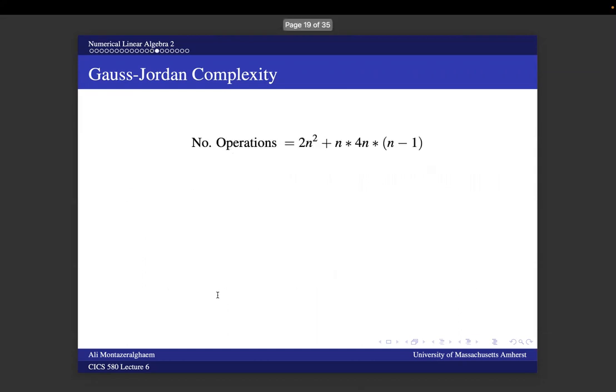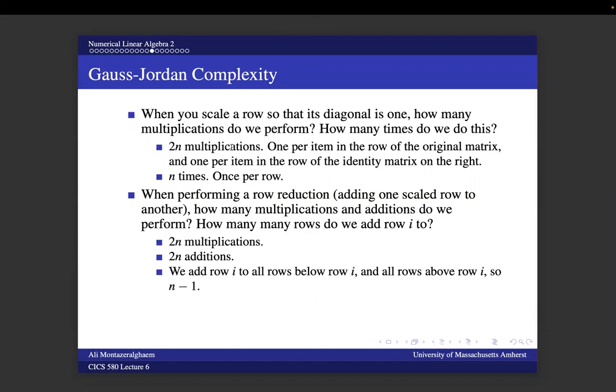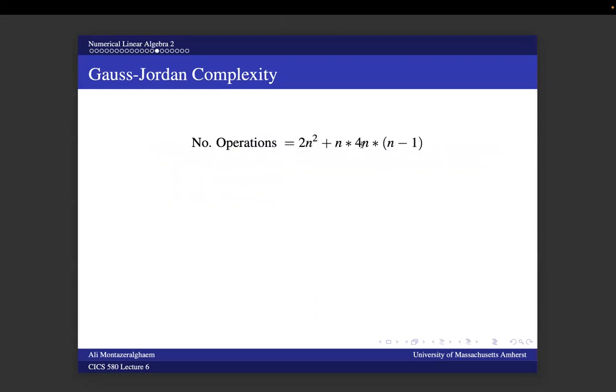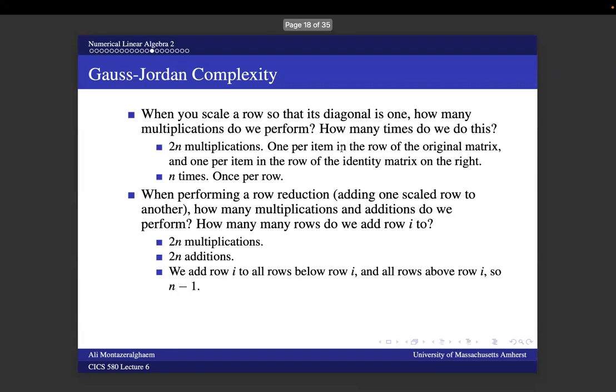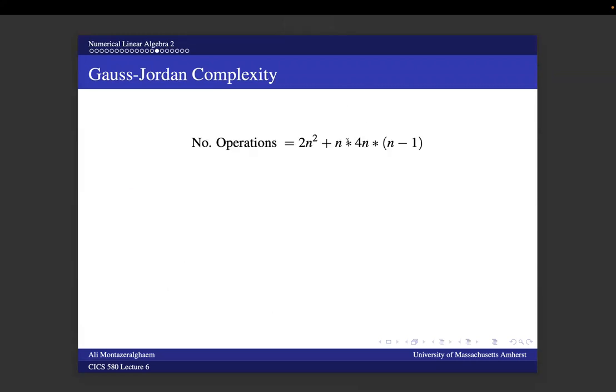So to compute that, the number of operations in this algorithm are 2 times n squared for this first one, and we have 4n, which is 2 times n plus 2 times n, and we did that n times, for each row.